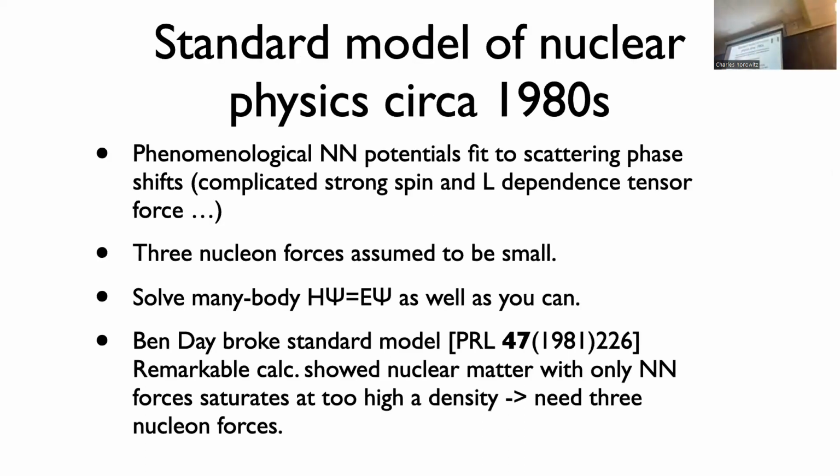And I thought one way to start is let's start in the 1980s. We have a standard model of nuclear physics, and just to get oriented, we're gonna build all the nuclei. You start from phenomenological two nucleon potentials. So the potential between two nucleons is fit to scattering phase shifts.